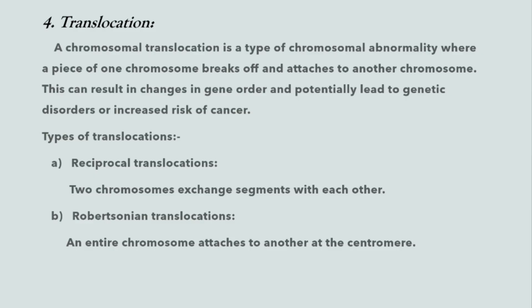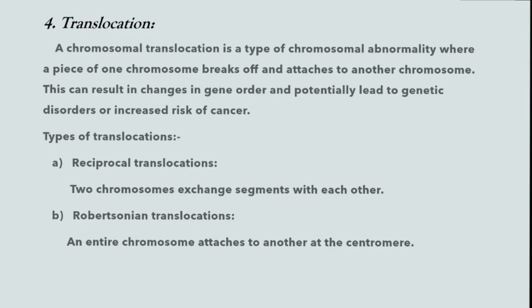So types of translocation. One is reciprocal translocation. Two chromosomes exchange segments with each other. Then Robertsonian translocation. An entire chromosome attaches to another at the centromere.